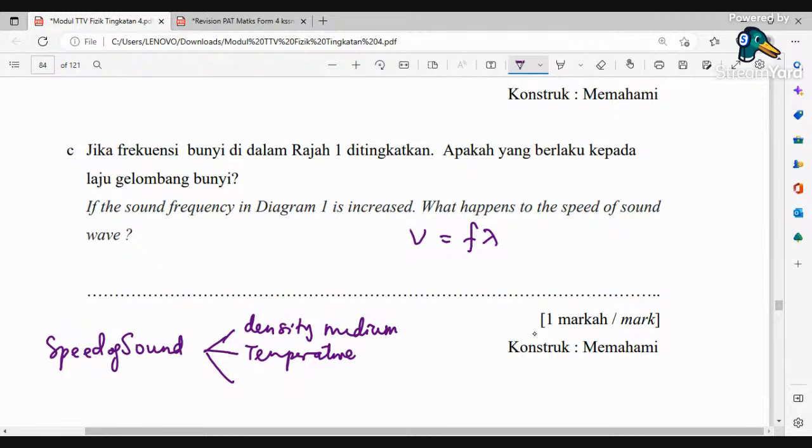So if sound frequency increase, it just affect the wavelength, not the speed. So what happened to the speed? The speed remains unchanged. Speed remains no change.